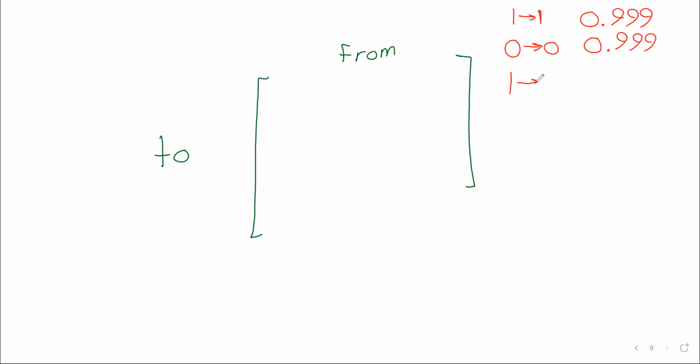So the probability of an error must be 0.001.